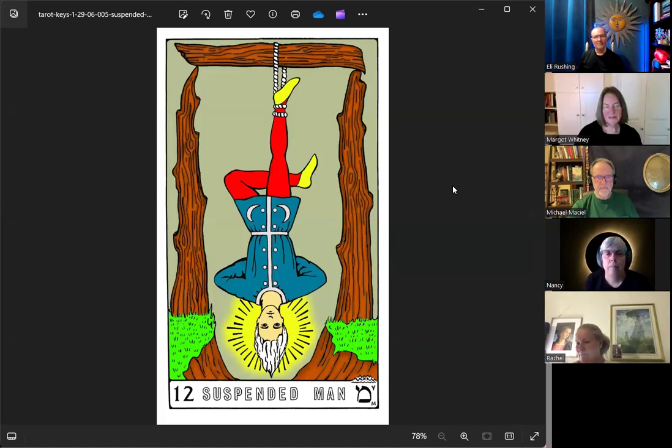I just realized that the white cross on his blue robe goes down to a circular collar, and we see half of it, but it would surround his neck. And it's the symbol for Venus.